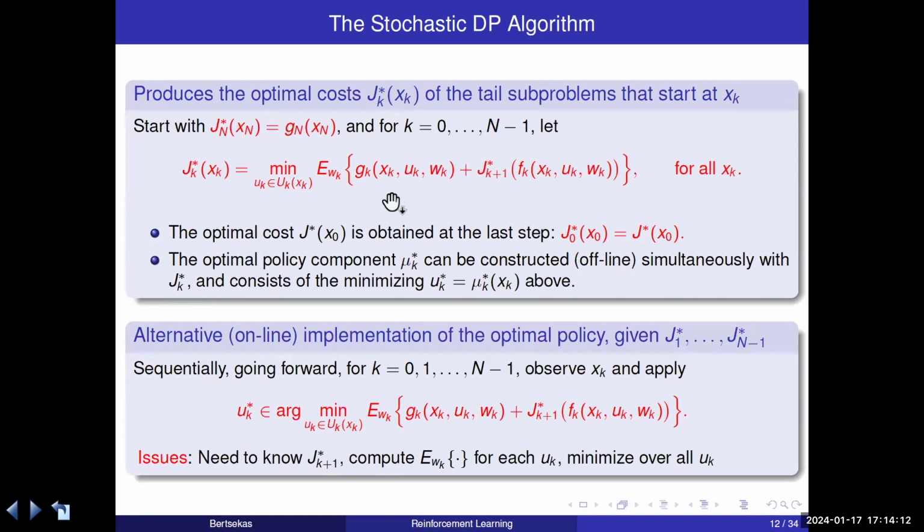It's more difficult than in the case of deterministic dynamic programming because we have to compute this extra expectation. And that's not necessarily an easy calculation. Besides, you have to do it for every state and for every control, right? And then you have to do this minimization over all the u, which in itself may be a difficult problem. So that's where reinforcement learning comes in and tries to simplify these difficult calculations.